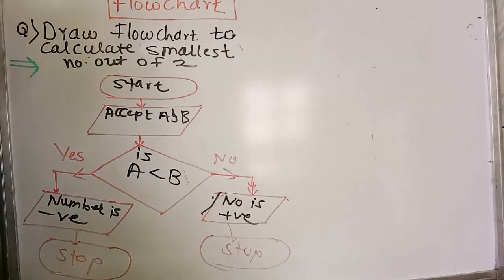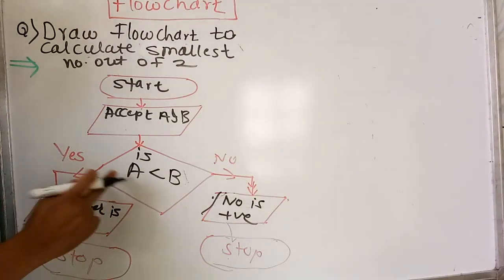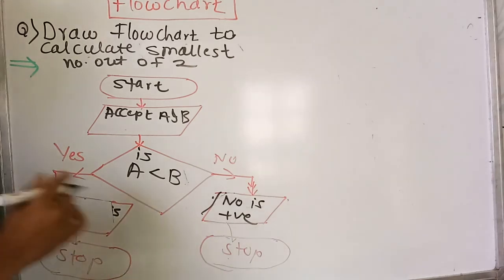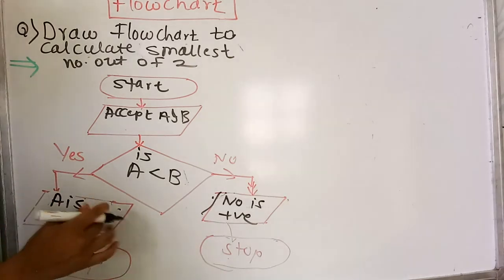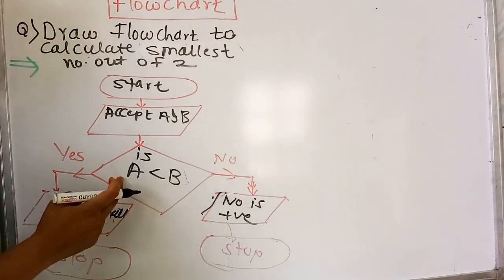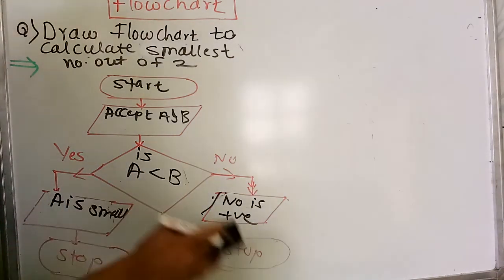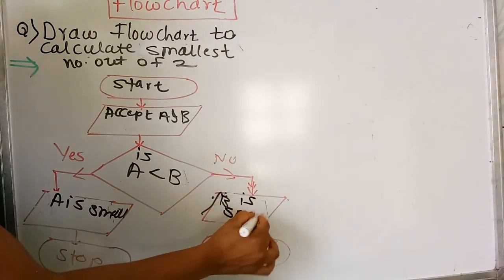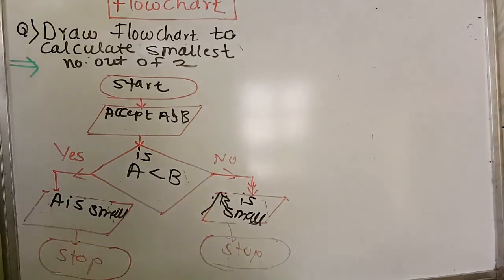If it is yes, then we will print A is small. Otherwise, if A is not small, then we will say that B is small, and we will write B is small and stop the procedure separately.